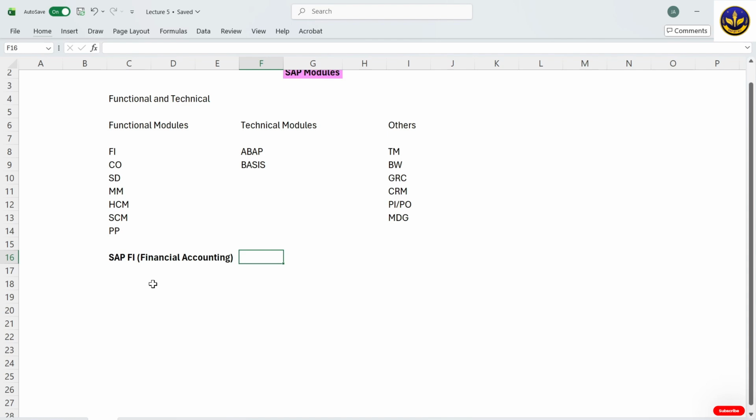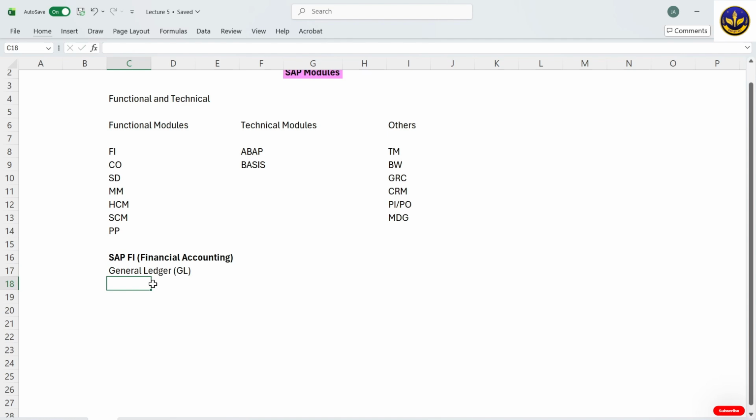So SAP FI serves this purpose and helps us record transactions and end up with the preparation of the financial statements. Some of the submodules of SAP FI are: the first one is general ledger, in short GL.